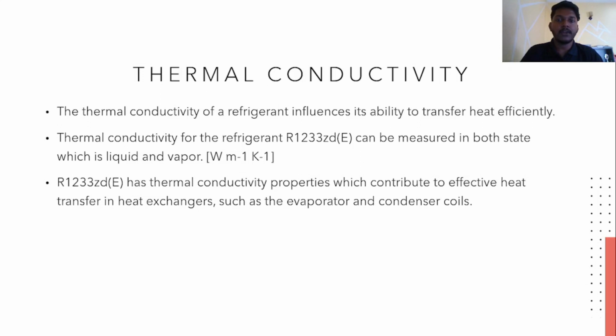Thermal conductivity for the refrigerant R1233ZDE can be measured in both states, liquid and vapor. The unit is W m-1 K-1. It has thermal conductivity properties which contribute to effective heat transfer in heat exchangers, such as the evaporator and condenser coils.